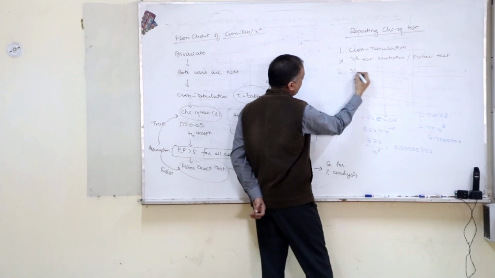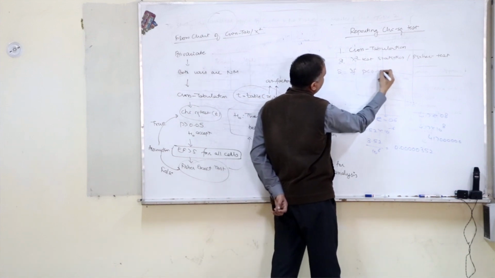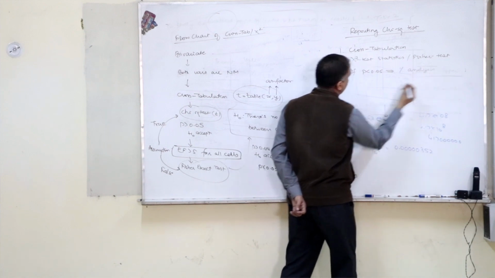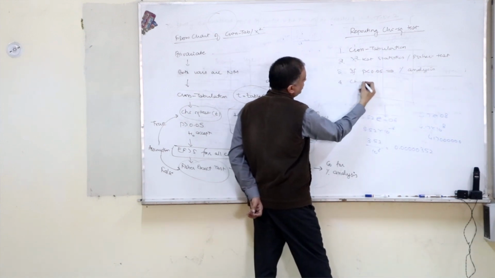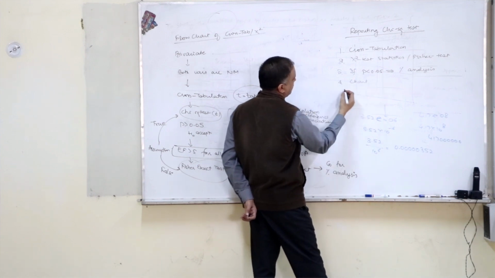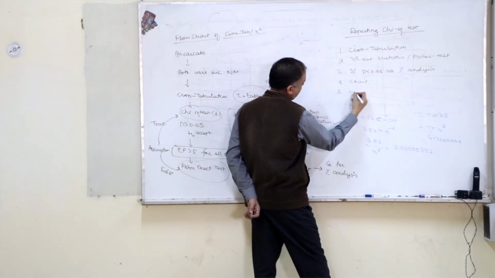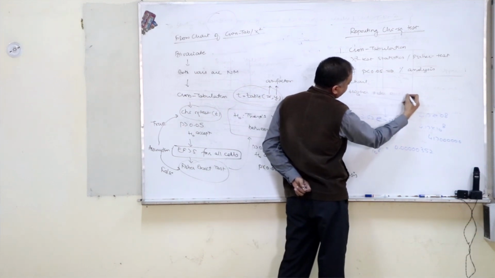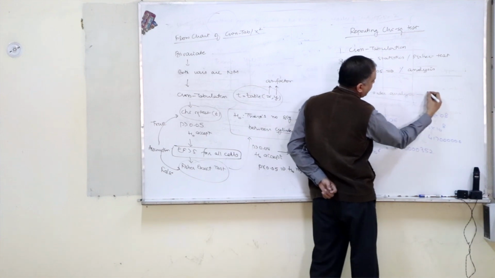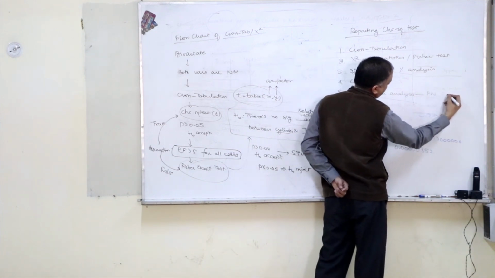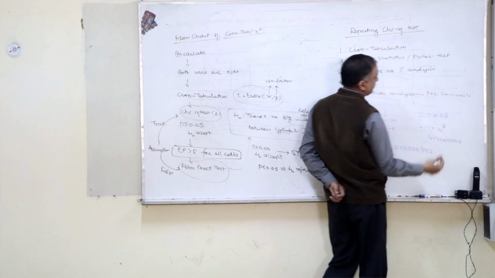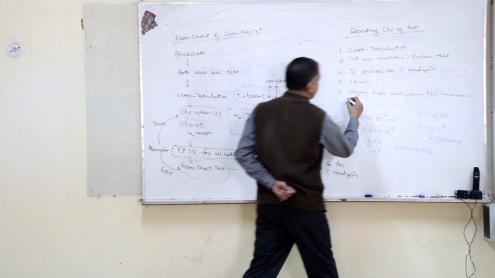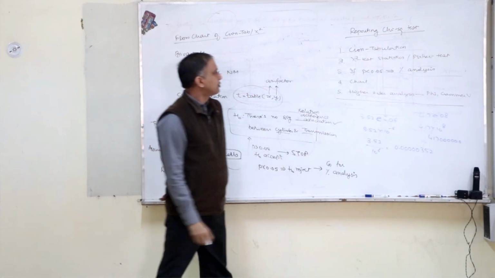Third, if P is less than 0.05, go for the percentage analysis. Fourth, charts. And fifth, higher order analysis, something like phi, Cramer's V, kappa, etc. So these are the 5 things we report.